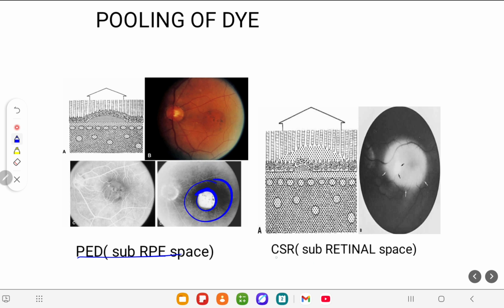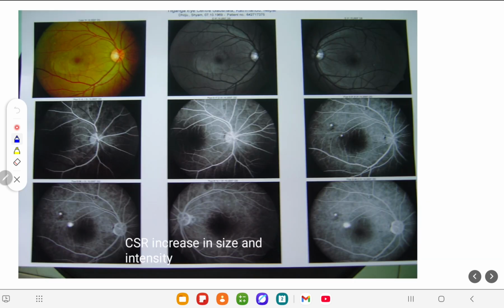But in CSR, in the subretinal space, even the size increases. The smokestack pattern is, I think, in CSR. Yes, I think that's the smokestack pattern. This is the area where fluid accumulates. So CSR increases in size and intensity. Can you see?